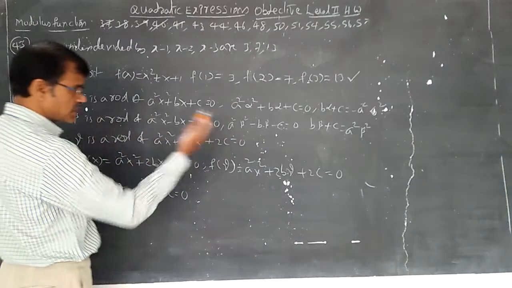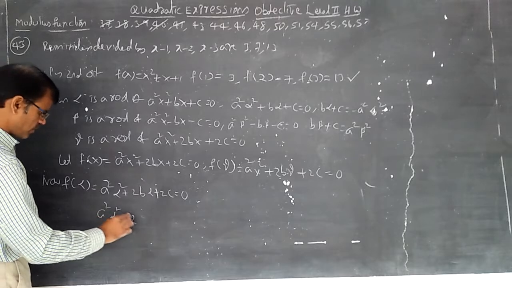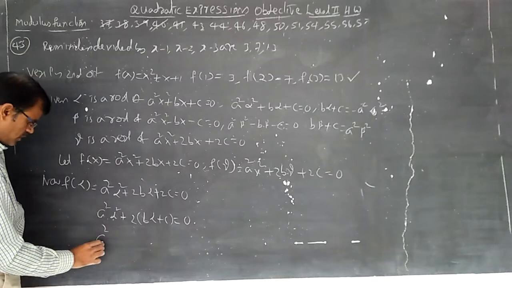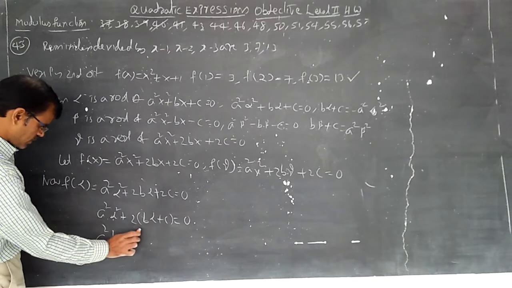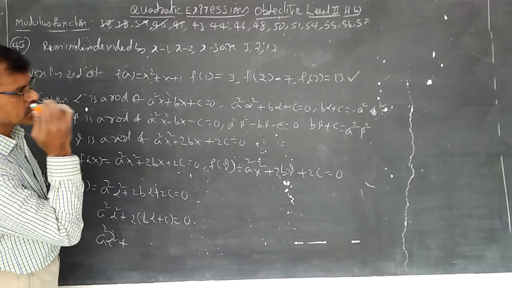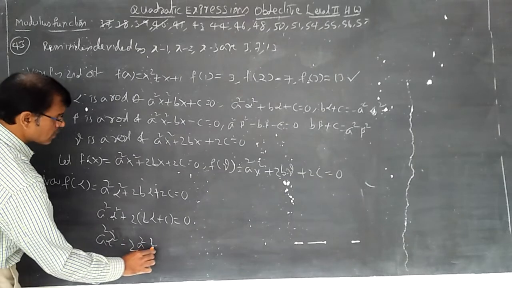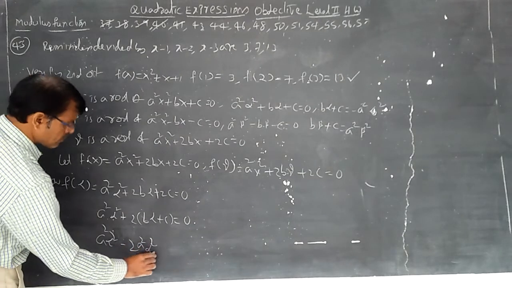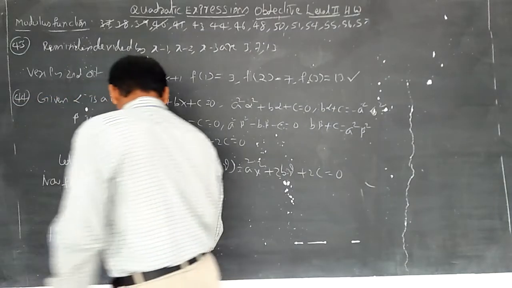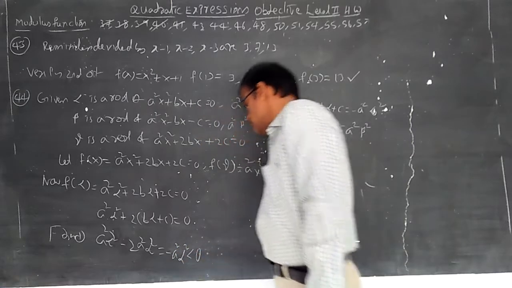Students, you can understand from 1, b alpha plus c. Now I am writing a square alpha square plus 2 into, taking common, b alpha plus c. So a square alpha square plus 2 into b alpha plus c, which is minus a square alpha square. From 1 I am writing a square alpha square minus 2a square alpha square becomes minus a square alpha square, less than 0.